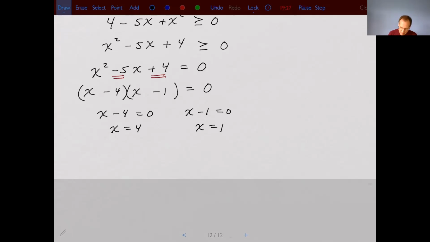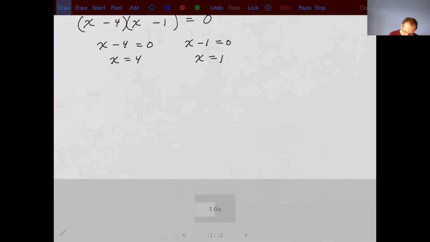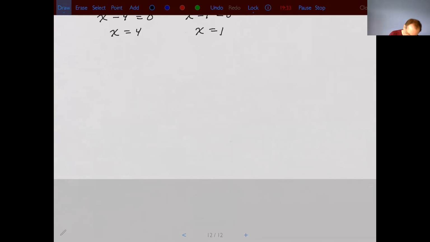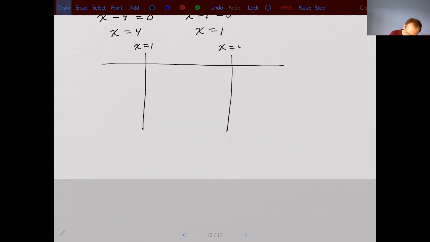So now if I make my table, so this is x equals 1. Remember, you want to do lowest to highest, right? And x equals 4. So this interval to the left here is anything x less than 1.